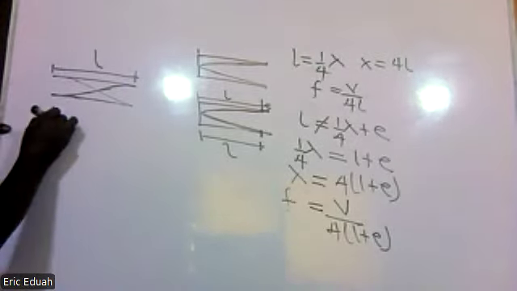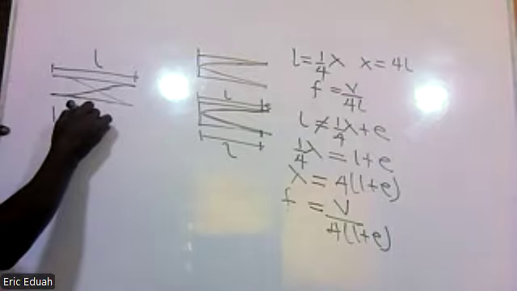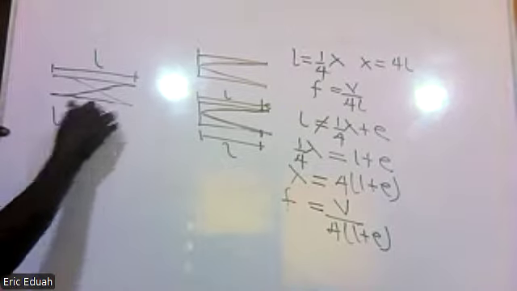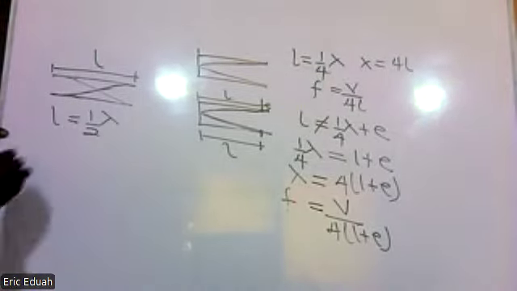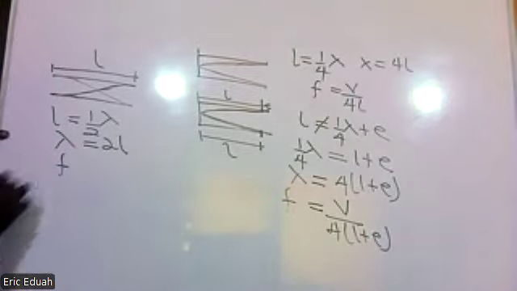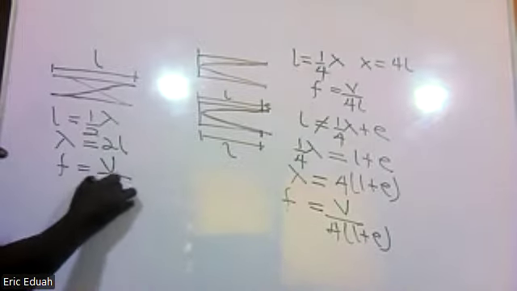So here the length of the tube is equal to half lambda. Therefore, lambda is equal to 2L, and the fundamental frequency becomes V over 2L.